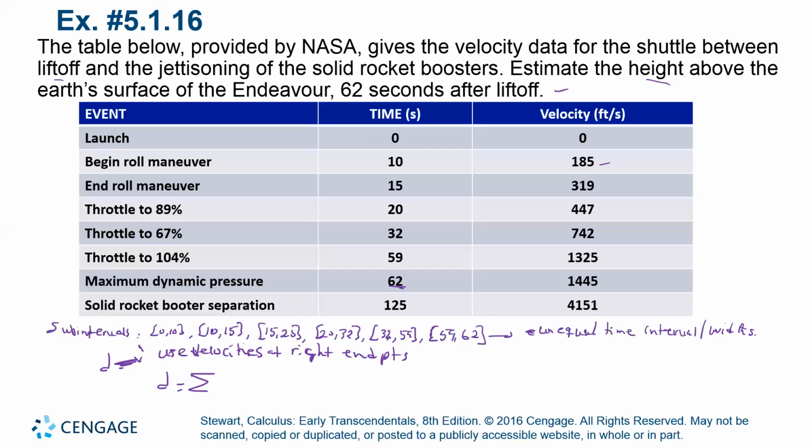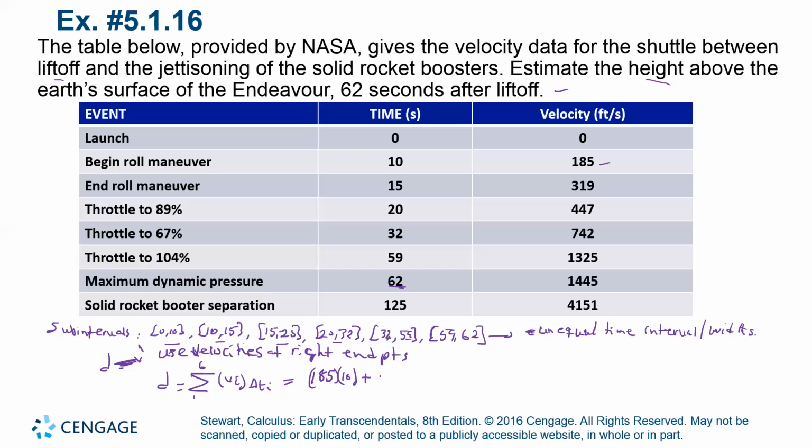How many subintervals? Well, 1, 2, 3, 4, 5, 6. So d is the sum from i equals 1 to 6 of the velocity v_i times delta t_i. Now remember, this is not just delta t, because each time difference will be different. The first subinterval is 10, this is 5, this is 5, this is 12, and so on. If you want to use the upper limit, the velocity at 10 is 185, so 185 times the time elapsed, which is 10.